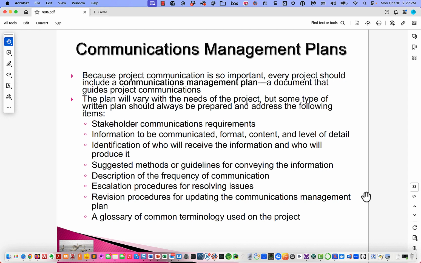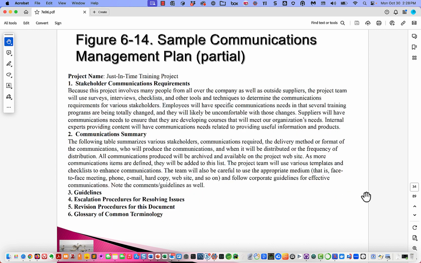I think it definitely more than pays for itself in helping to manage expectations. Here's a sample communications management plan from the just-in-time training project, and I'm going to leave you to read that on your own.